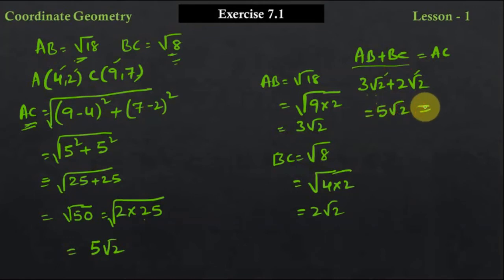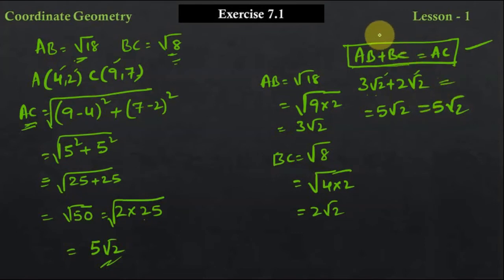And what about right hand side? AC value how much I got? 5 root 2. So since this condition is satisfying, AB plus BC is equal to AC, therefore these 3 points are collinear, we can say, or else these 3 points lie on the same line. Okay.